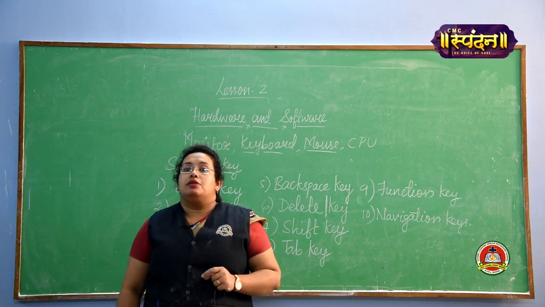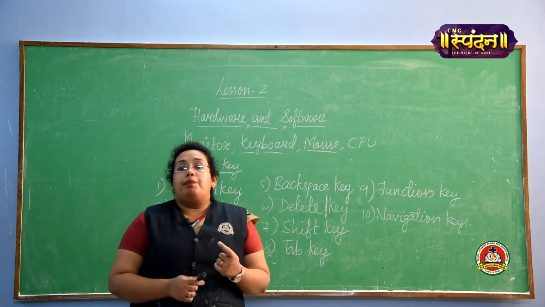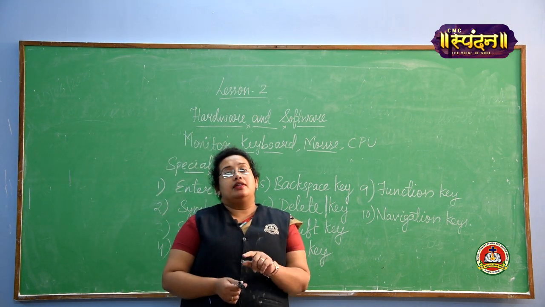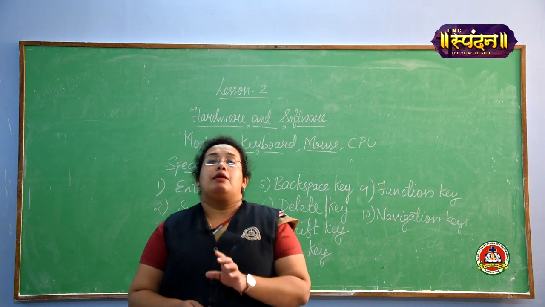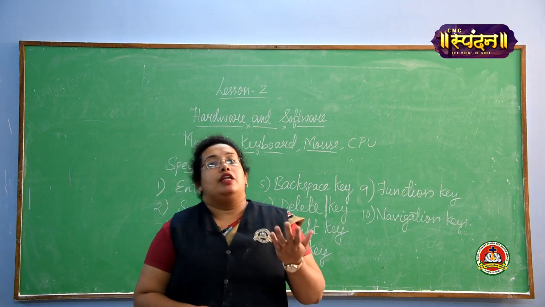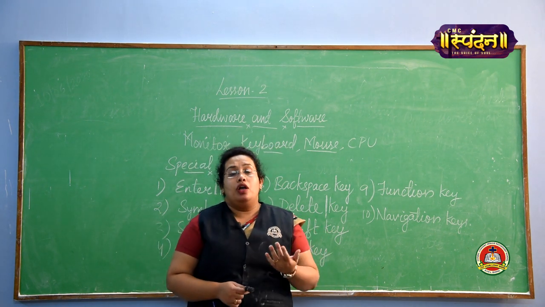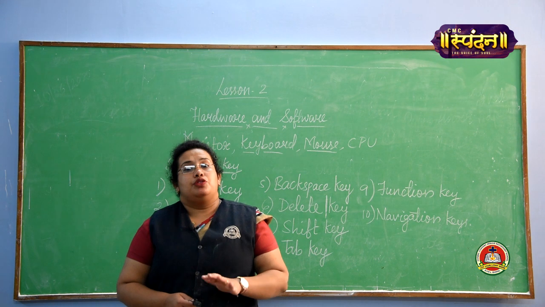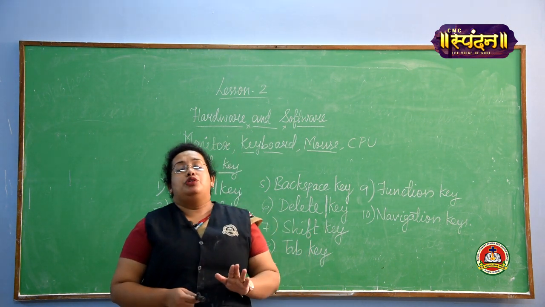Like operating system is a very important software and it controls all the different parts of a computer which we are connecting to the computer. With the help of the operating system only we can use a speaker, we can use any printer or scanner, trackball, all these different input devices also which we have studied. With the help of system software only we can use it.